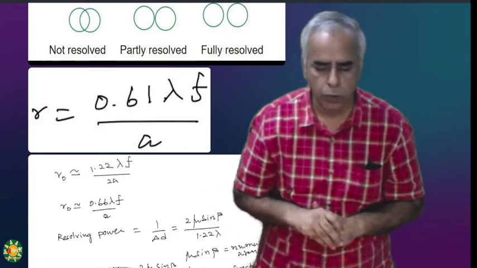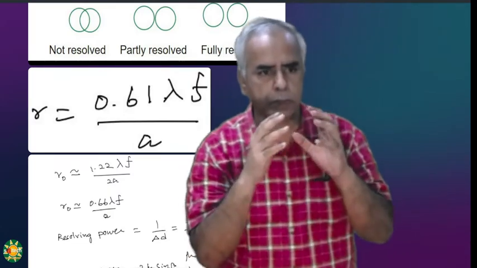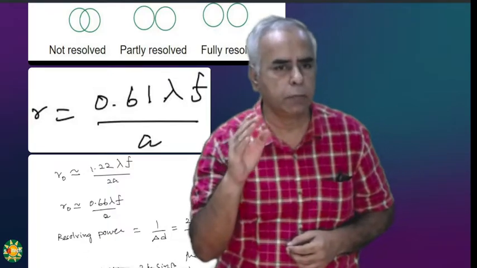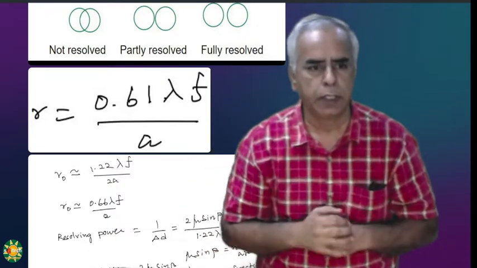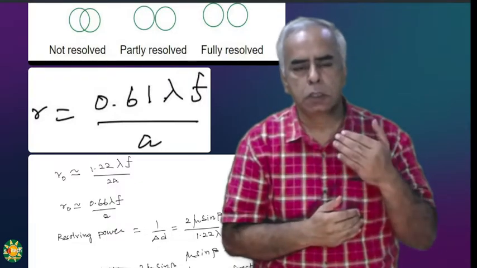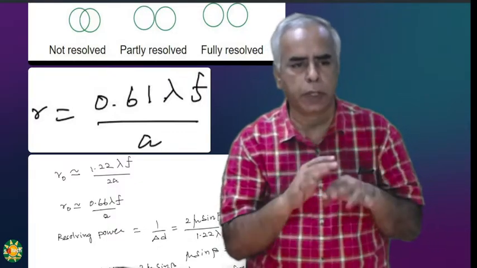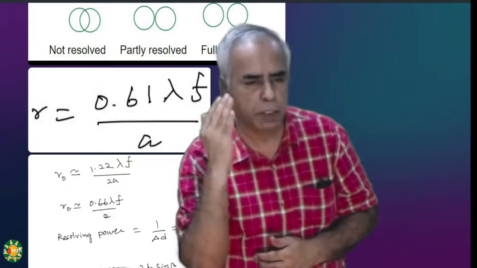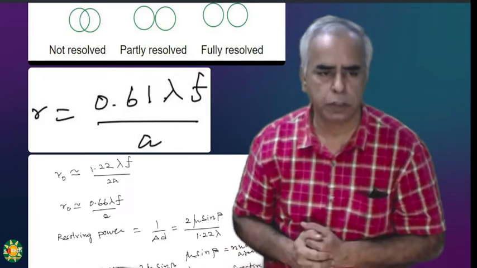Do you understand? So this resolving power is equal to 0.61 lambda f divided by A. For example, you can multiply by 2 in the numerator as well as the denominator.